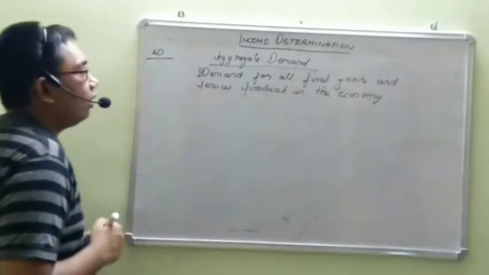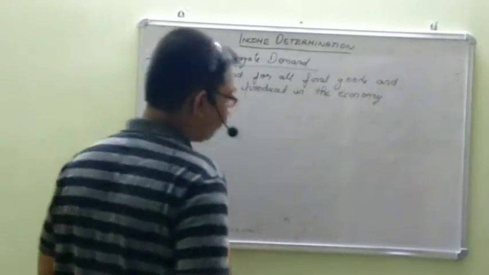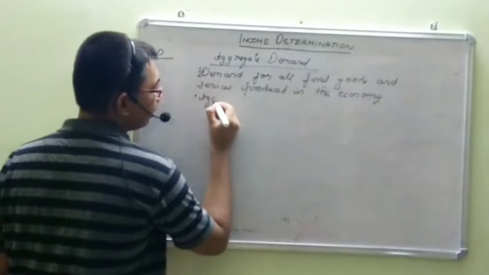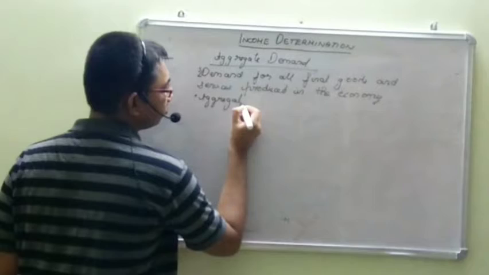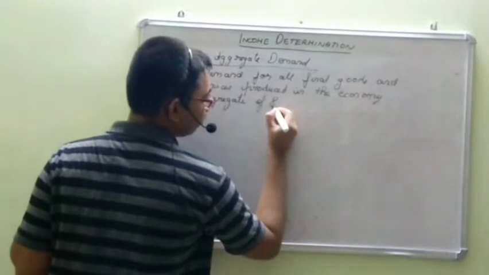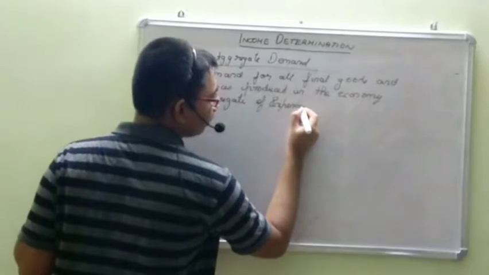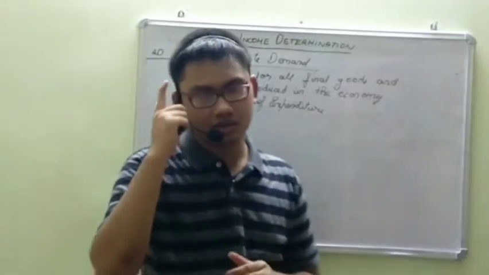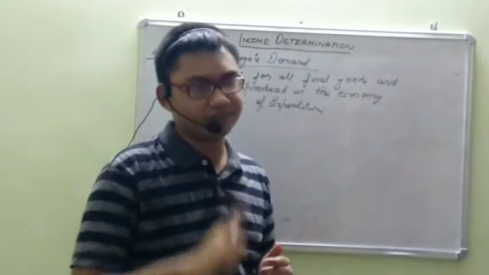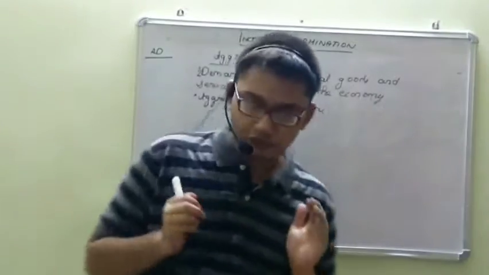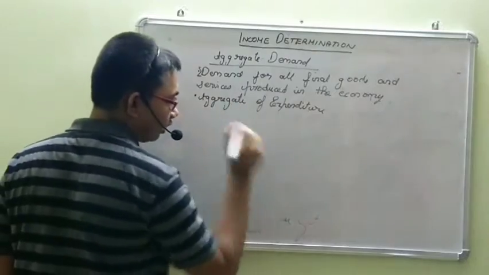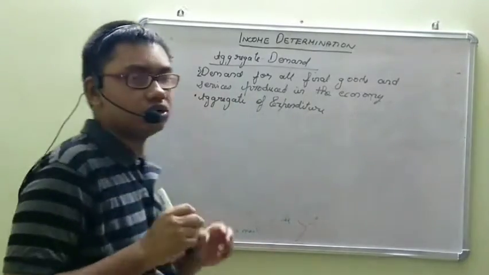Now, there is another way to define aggregate demand, which is the aggregate of expenditures incurred. This reminds you of something, right? We have studied this in national income measurement, the expenditure method. What did we study there? Aggregate expenditure is equal to private final consumption expenditure plus government final consumption expenditure plus gross domestic capital formation plus net exports, right?